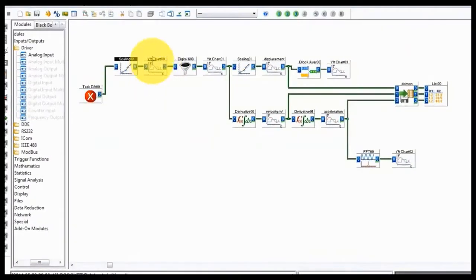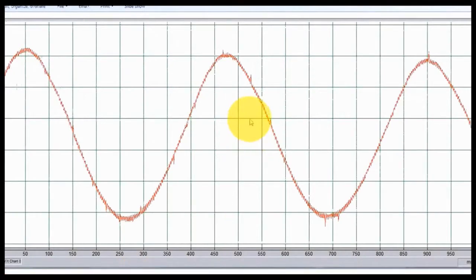The next data output from scaling is in displacement value. The thing that we can see from the YT chart is something like this, which is the displacement over time data when we oscillate the system.